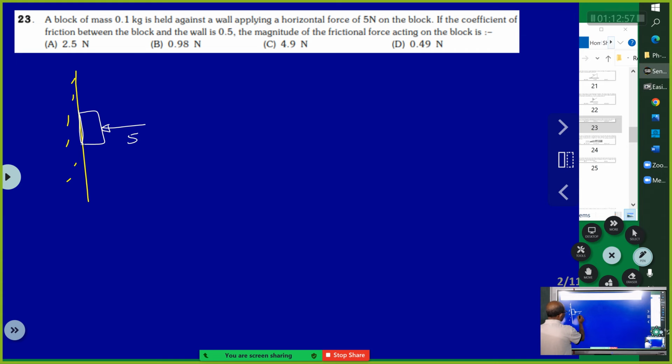So we are applying a force of 5 Newton here, and here G is acting down. If the coefficient between the block and the wall is constant, what is the magnitude of the frictional force acting on it? So this is the frictional force.